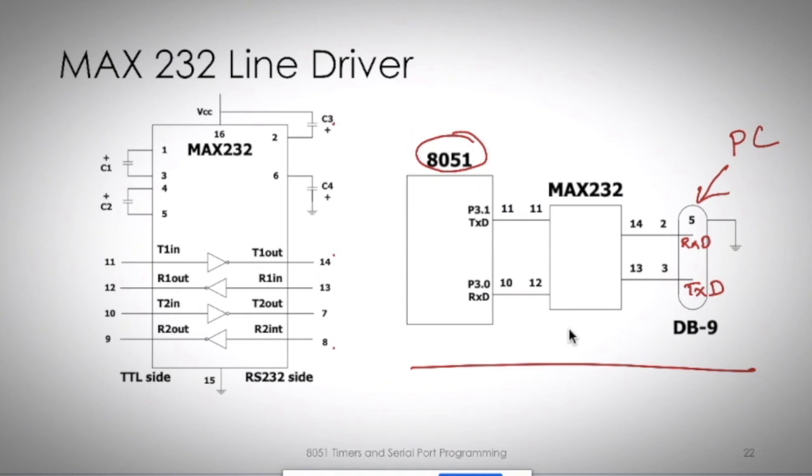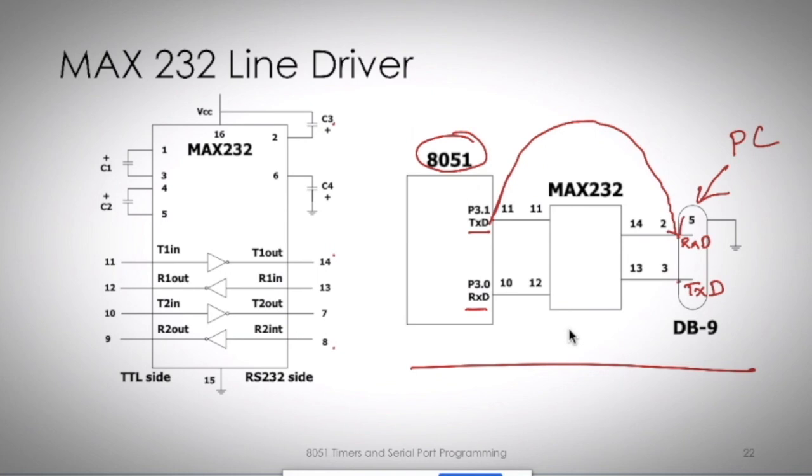And for the 8051, we have TXD and RXD as pins 3.0 and 3.1. Now our aim is to connect the transmitter pin to the receiver. This will transmit and this will receive, so the connection has to be between TXD and RXD.